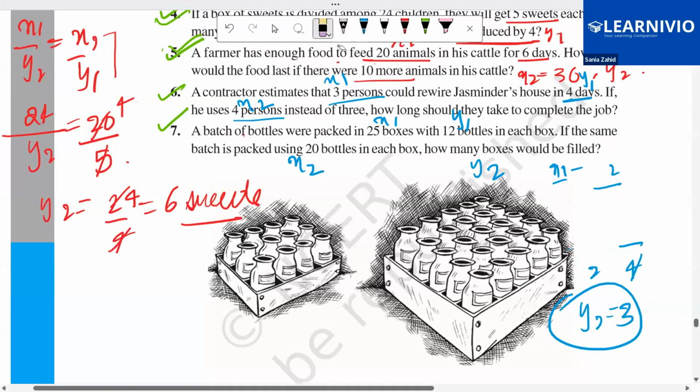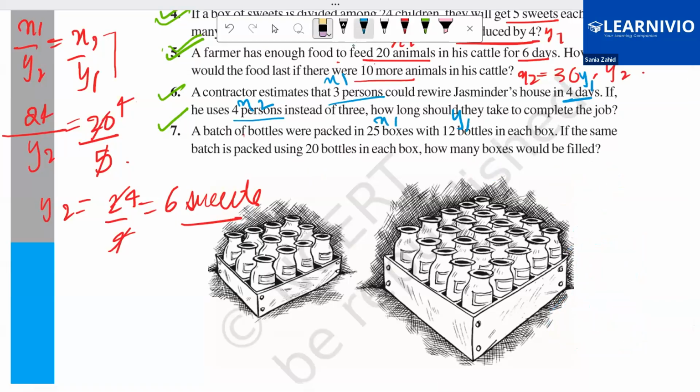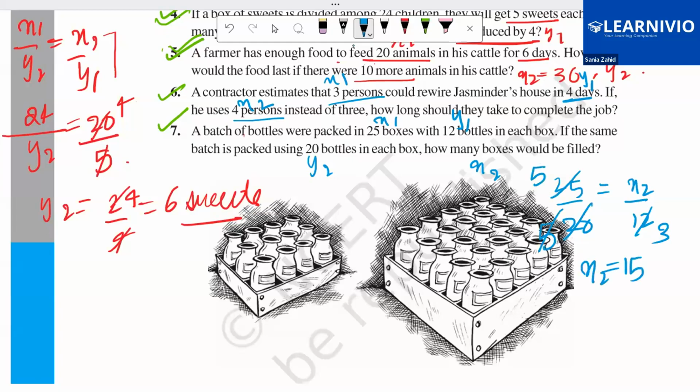So now you get 25 by 20 equals X2 by 12. Right, you can solve it. X2 is 15.